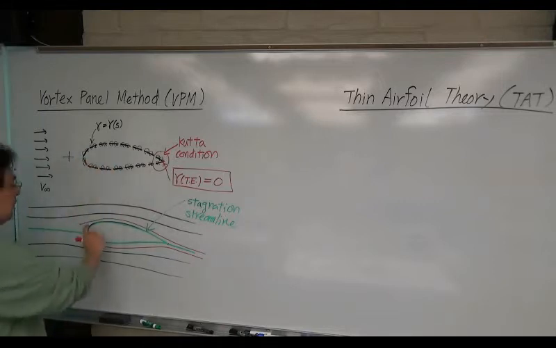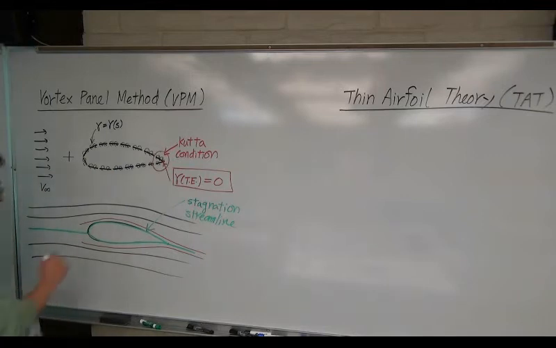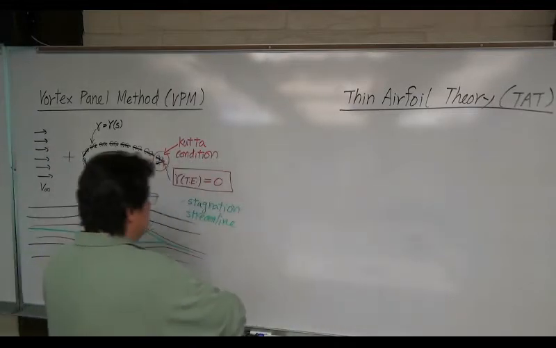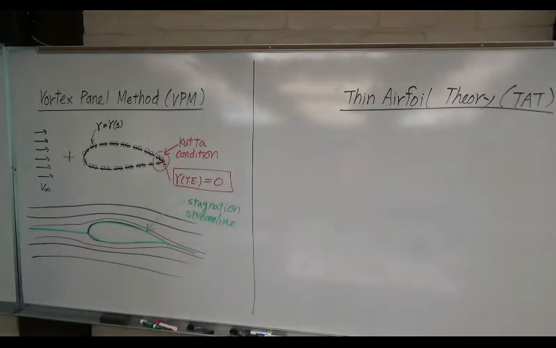That is going to determine the pressure distribution over the surface, and then you are going to have a CP plot. And once you have a CP plot, of course, you can determine the lift coefficient out of the pressure coefficient plot. So that's the vortex panel method, which is project 2A. Now, you can possibly develop your own vortex panel method code using MATLAB, but it is quite a bit of coding. It's not easy.